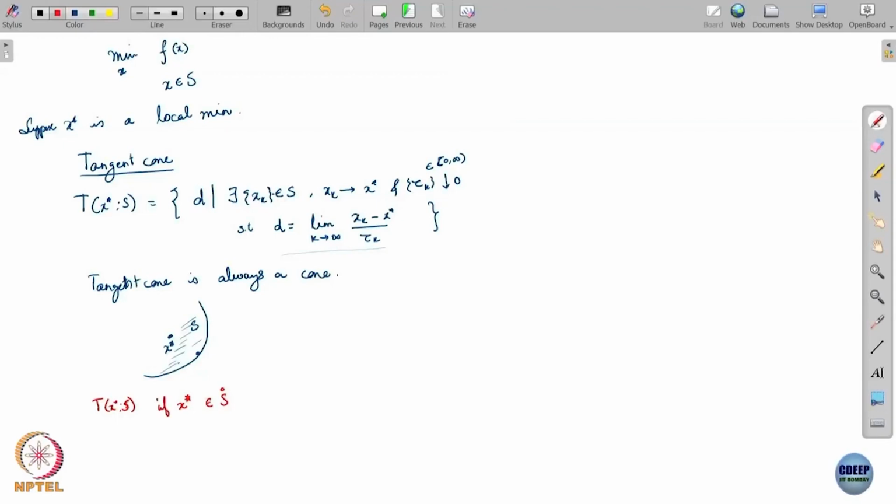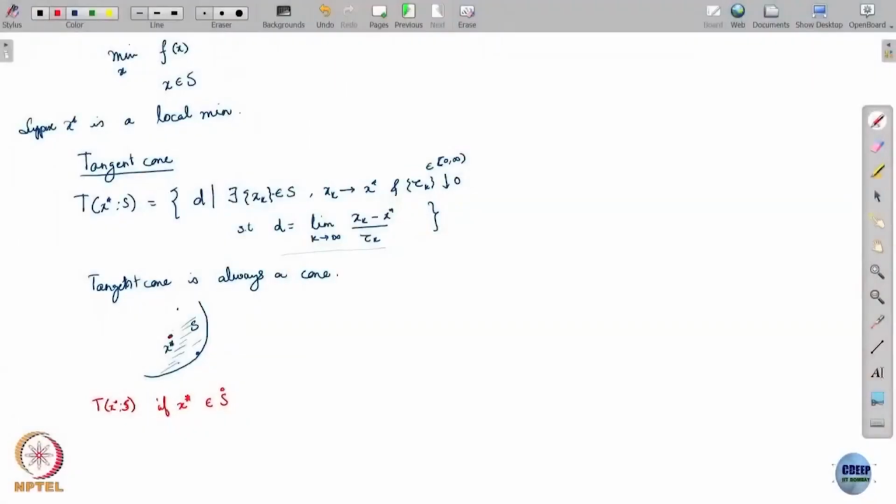If you look at the definition, it says the tangent cone is those directions D such that you can construct a sequence xk converging to x star and a sequence tau k going down to 0, such that D can be written as xk minus x star divided by tau k. Here is my point x star and here is my point xk. So xk is a sequence that eventually converges to x star.